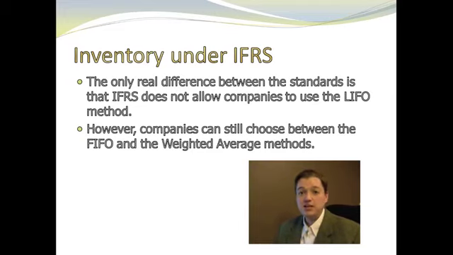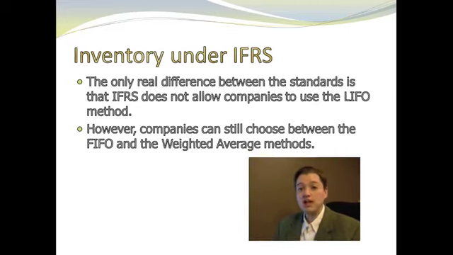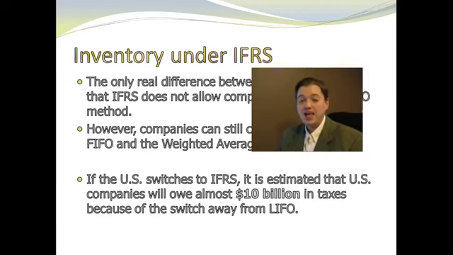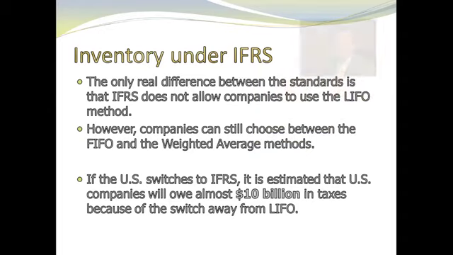It's estimated that if we were to make all of the companies using LIFO switch, there would be a $10 billion tax consequence just for the change. And companies don't want to pay that, so they're fighting against it. So this is one of the major differences, not only between the two, but keeping us from merging any more closely. So again, a key concept to understand that this is getting in the way.